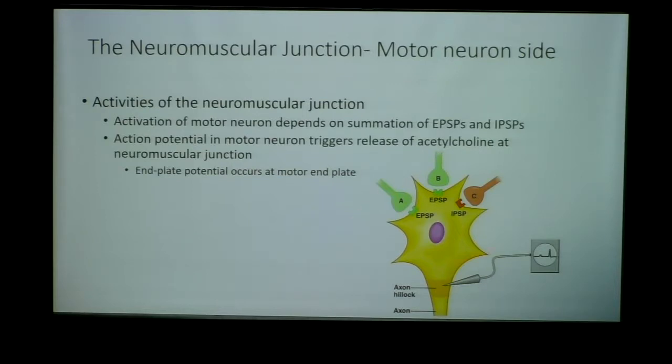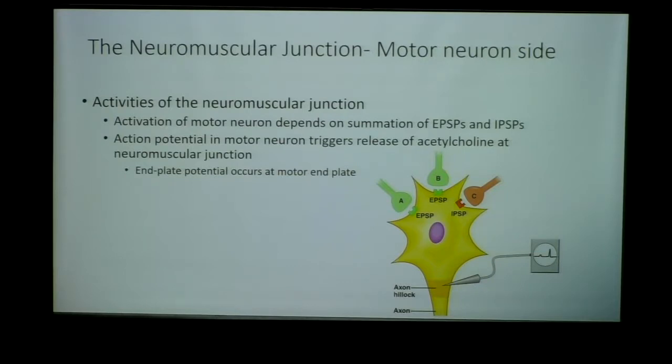Based upon whatever type of event we have here on the soma, we will sum those events and decide whether or not we get to an end plate potential. An end plate potential is what we call the action potential in muscle. Very, very important. The end plate potential is what happens on the muscle to bring about contraction of the muscle, and this happens in response to an action potential or excitement of that muscle fiber.